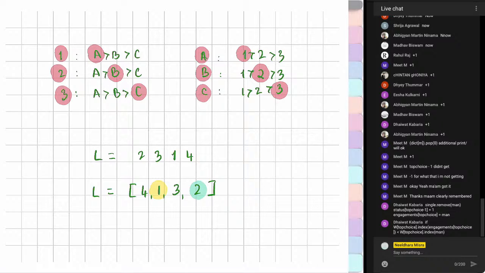So what is the index here? The index is 3, and here the index is 1. So if the index of the current partner is smaller, right, then the engagement will not go through, right?